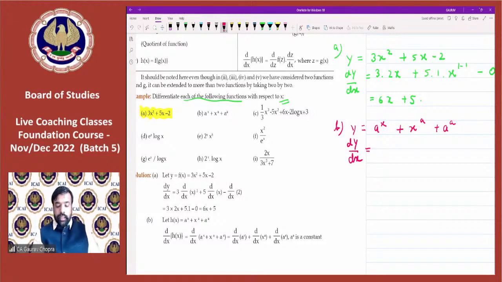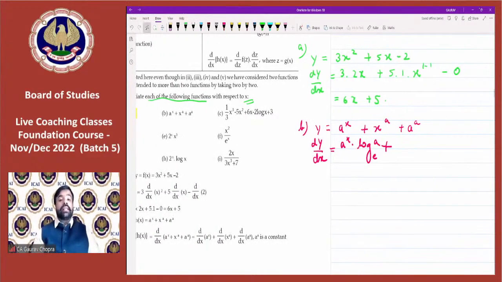So we will write a to the power of x multiplied by log of a with base e, plus the derivative of x to the power of a. x is having some power, so the power will jump forward and the power of x will reduce by 1.